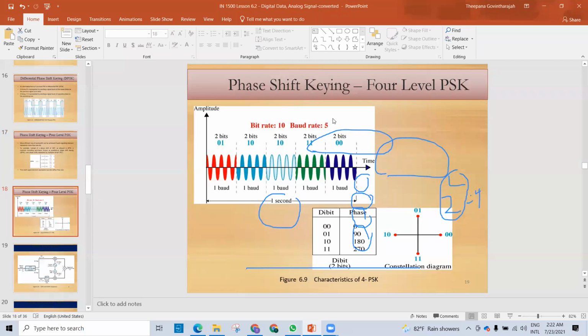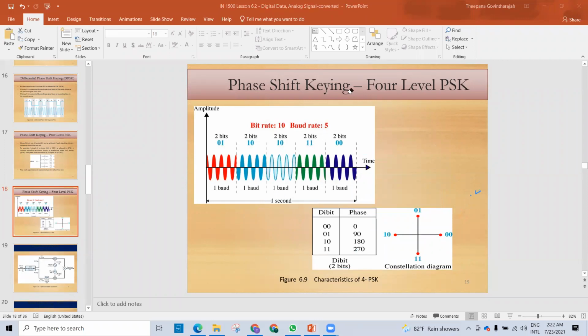In this example, you can clearly see that for 0 0, there is no shift, phase 0, and for 0 1, 90 degrees, that is pi by 2, and for 1 0, 180 degrees, and for 1 1, 270.